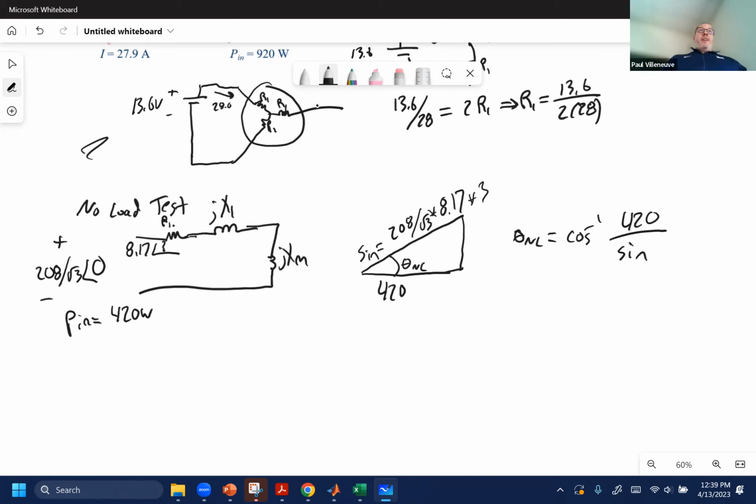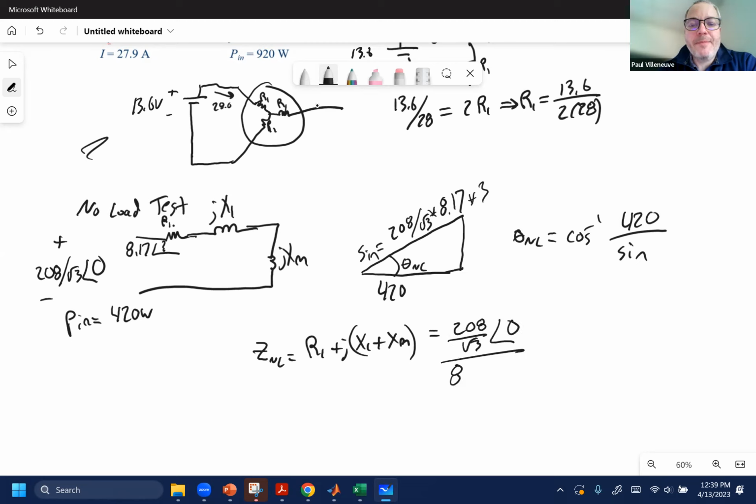And since this is a single phase equivalent, I can solve for the single phase impedances or the individual impedances. And I know that Z no load is equal to R1 plus jX1 plus jXM, right? And that is going to be equal to the voltage divided by the current.